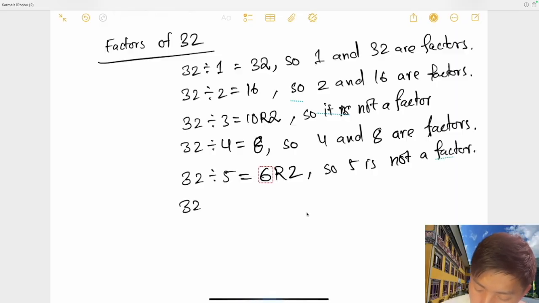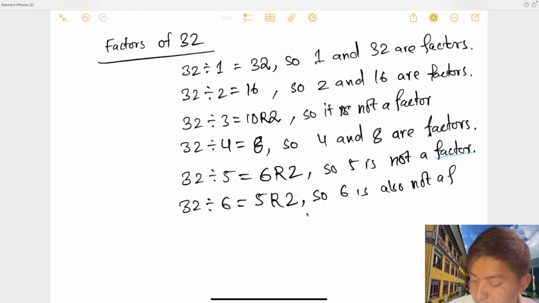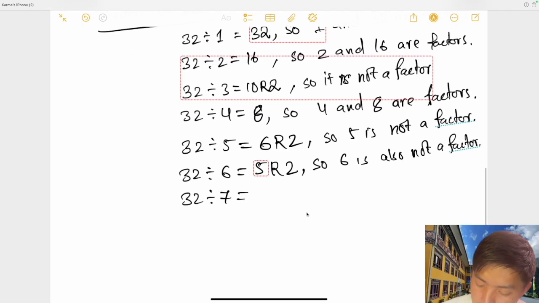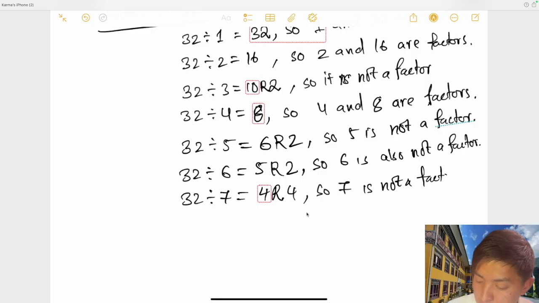The number after 5 would be 6, and you will find out that it's 5 remainder 2, so 6 is also not a factor. And after 6 it's 7, and you'll find out that it's 4 remainder 4, so 7 is not a factor.